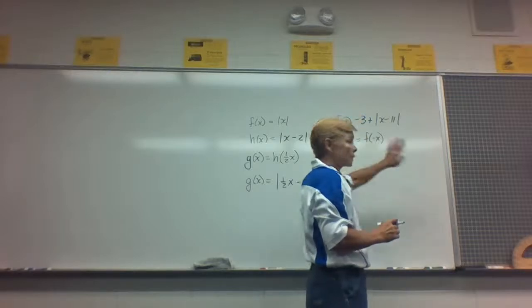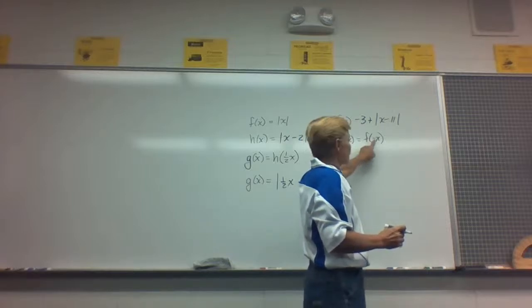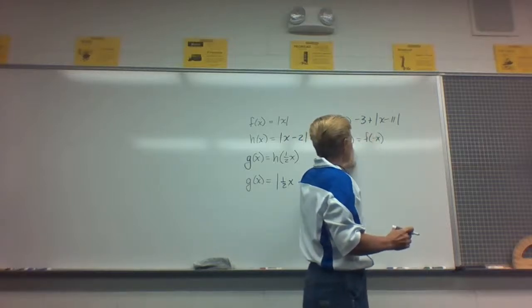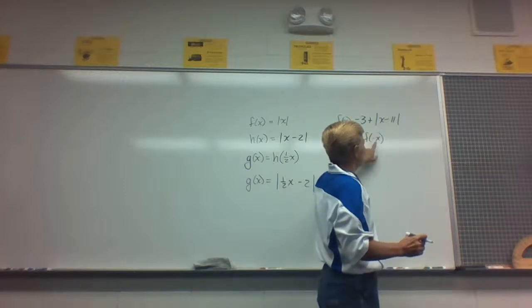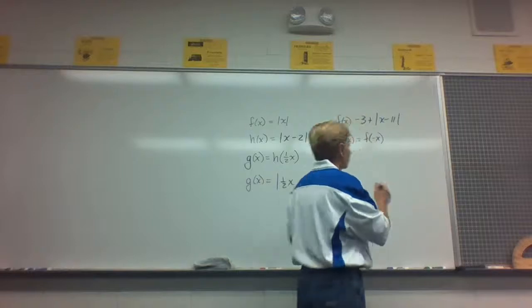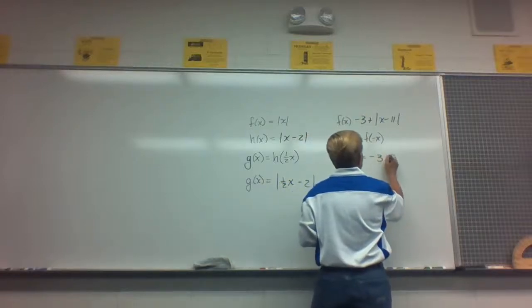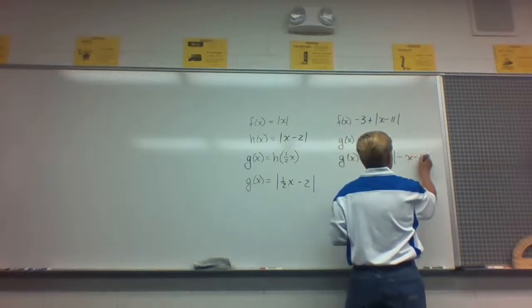Reflection in the y-axis is horizontal, so the negative belongs inside. And what this tells us is that when I actually write g pertaining to this function, every x in it will be replaced with -x, because that's what's in the parentheses. Yeah? So g of x is going to be -3 plus absolute value of -x minus 11.